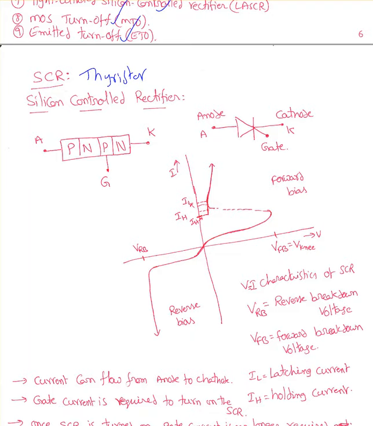But there are different types of thyristors, and SCR, the silicon controlled rectifier, is one of them. It's basically a three-terminal device, but it is nothing but PN diodes connected together. And here is the symbol: anode, cathode, and gate.